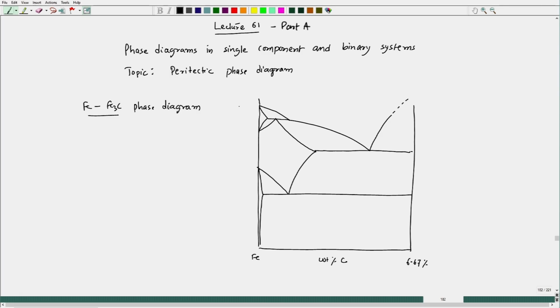Now, if I quickly put all the values, this is the temperature axis, this is composition.